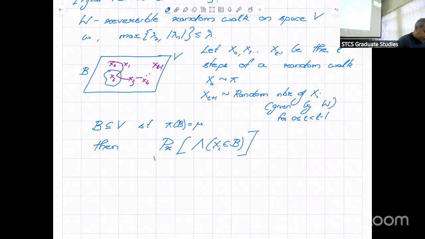This is over the choice of x0 all the way up to xL minus 1. We will show that this is at most mu times (lambda times (1 minus mu) plus mu) to the power L minus 1.